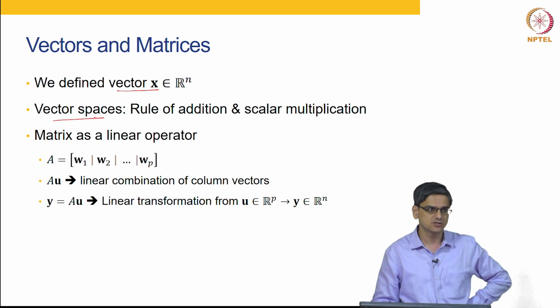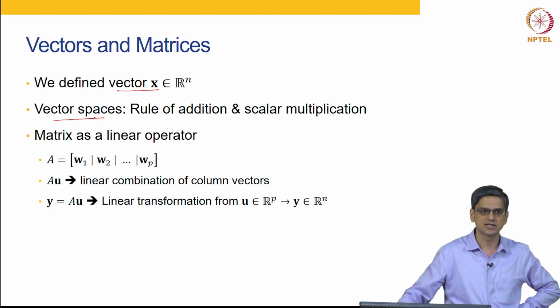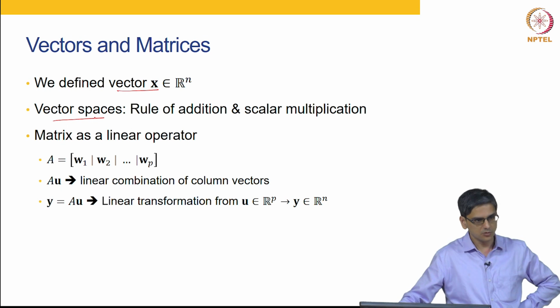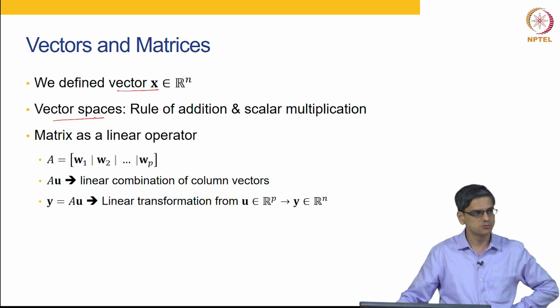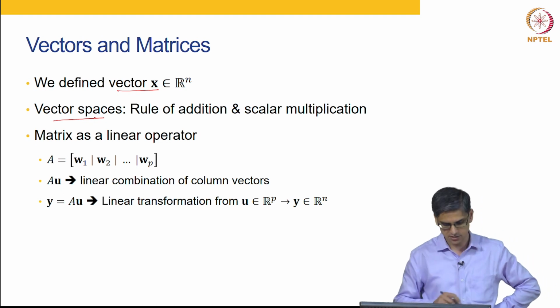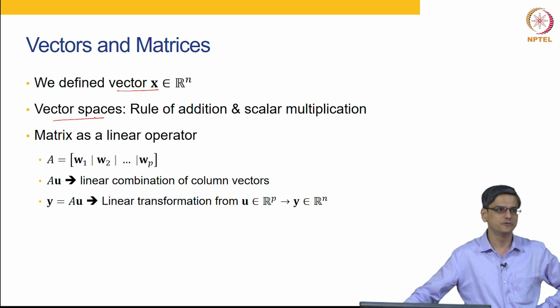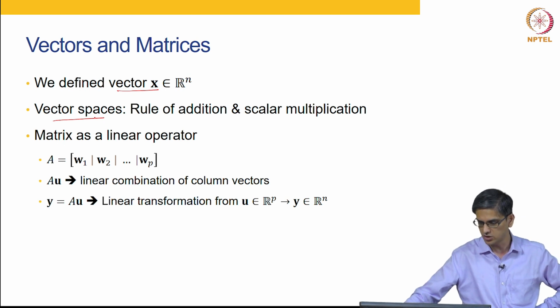The linear function, though, we said can be expressed as a matrix multiplication. And that is where we introduced our matrix, as a way to do linear operations. And how do we think about a multiplied by u? It is nothing but a linear combination of the column vectors.